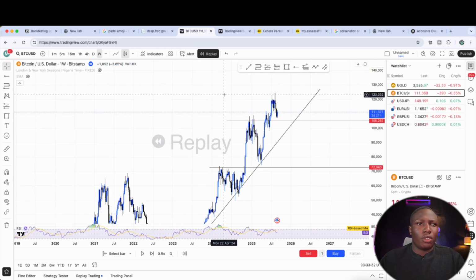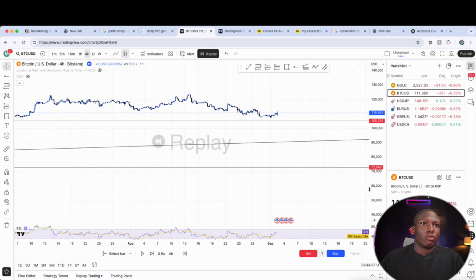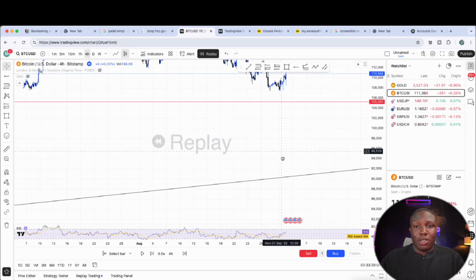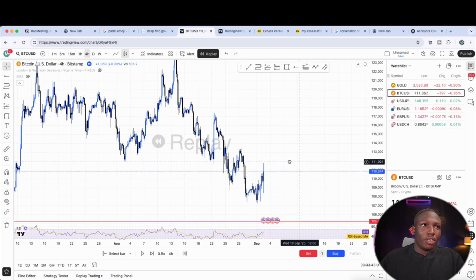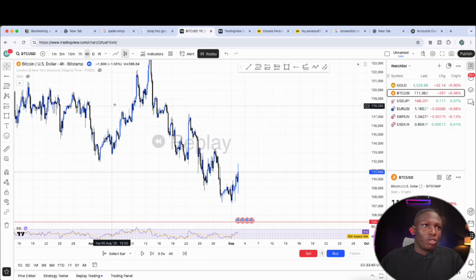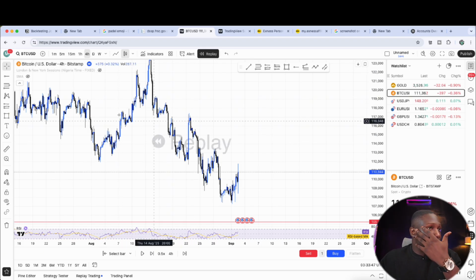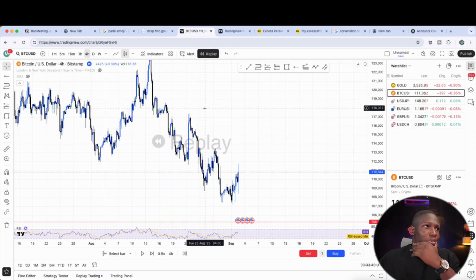On the 4-hour time frame, the market has been in bearish momentum. We can see more sellers on the 4-hour. Let's go on the 1-hour.